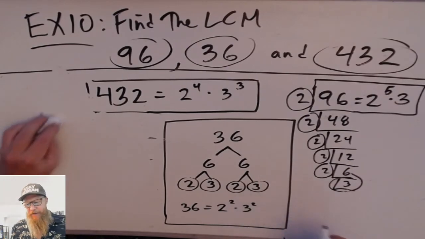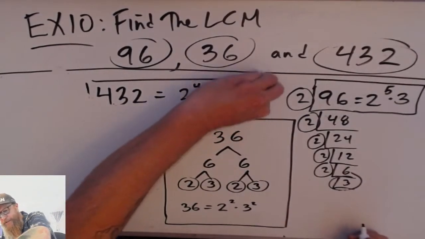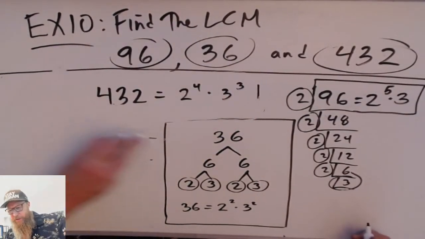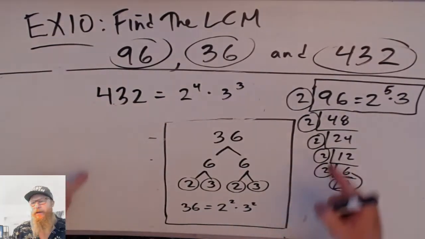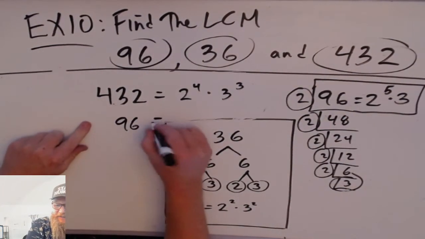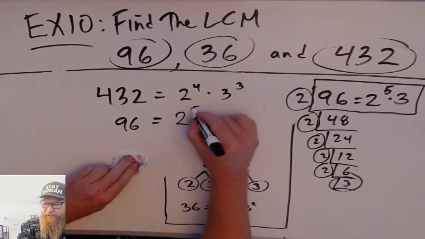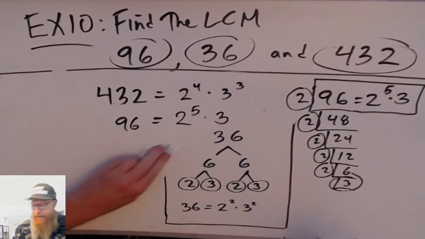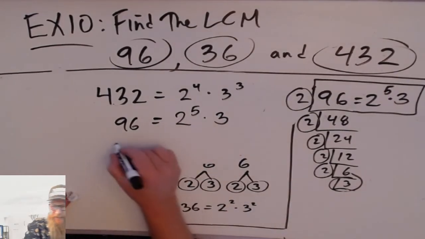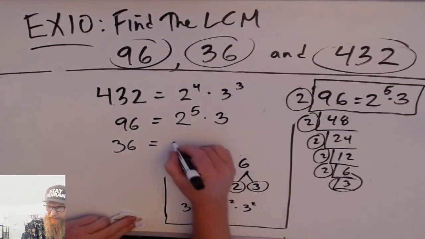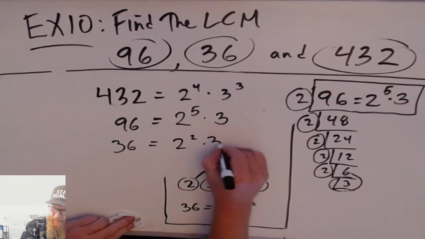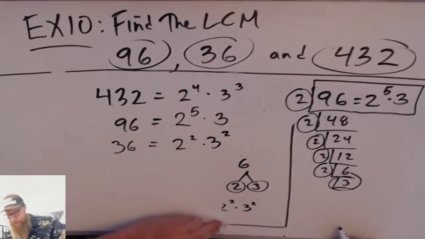All right, so we've got 432 is 2 to the 4th and 3 to the 3rd. We got 96 is 2 to the 5th and 3. And then we've got 36 is 2 to the 2nd and 3 squared.